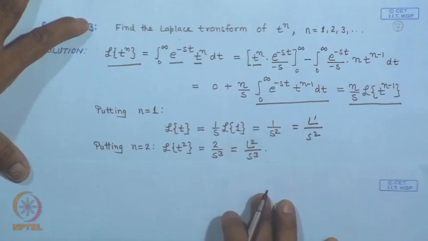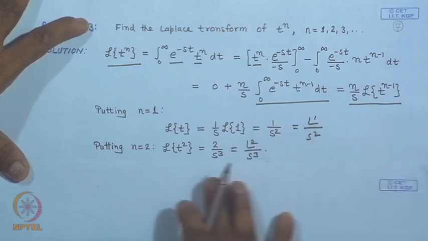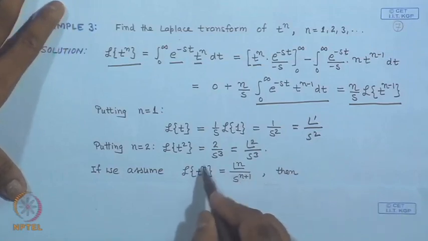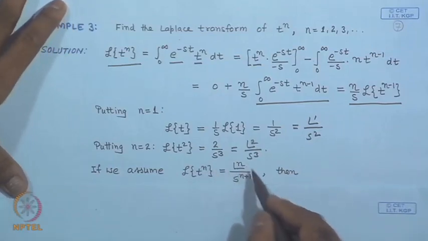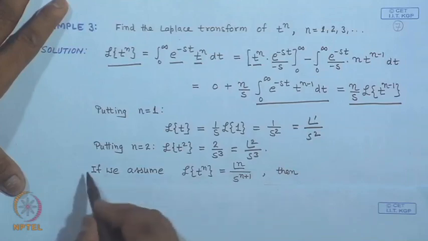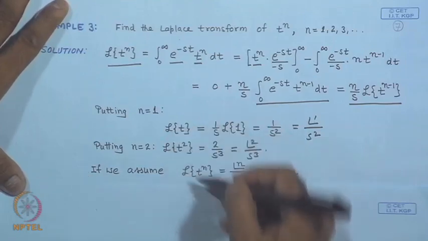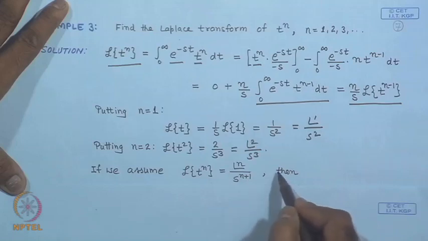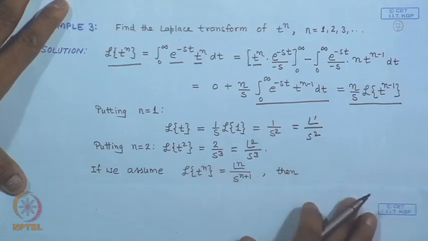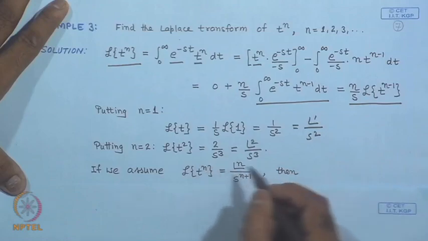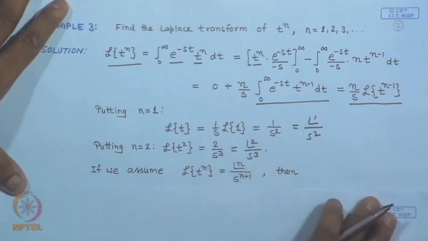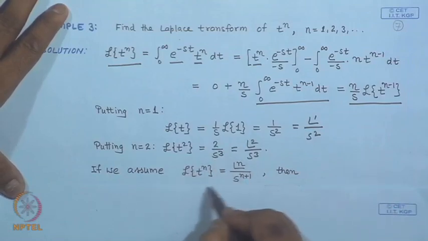Based on this, now we can prove by mathematical induction that the Laplace transform of t power n is factorial n over s n plus 1. So, if we assume that Laplace transform of t power n is factorial n over s n plus 1, and then show that the Laplace transform of t n plus 1 is factorial n plus 1 over s n plus 2, then we are done.